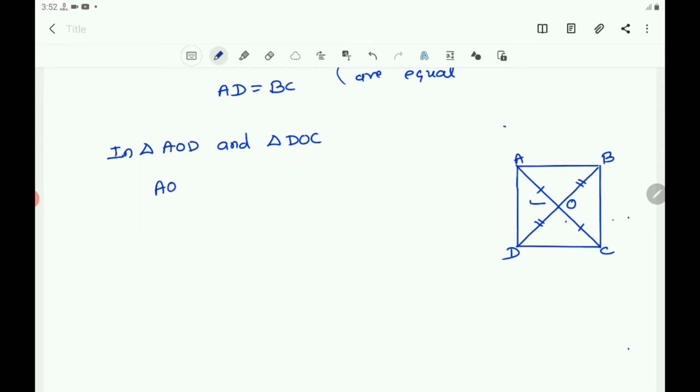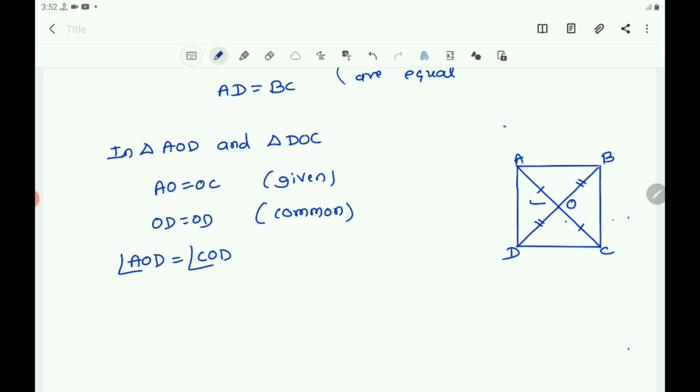OD equals OD, that is common side, and angle AOD equals angle COD. Both are equal to 90 degrees because diagonals bisect at right angles. At point O, all the four angles are right angles. That is also given.